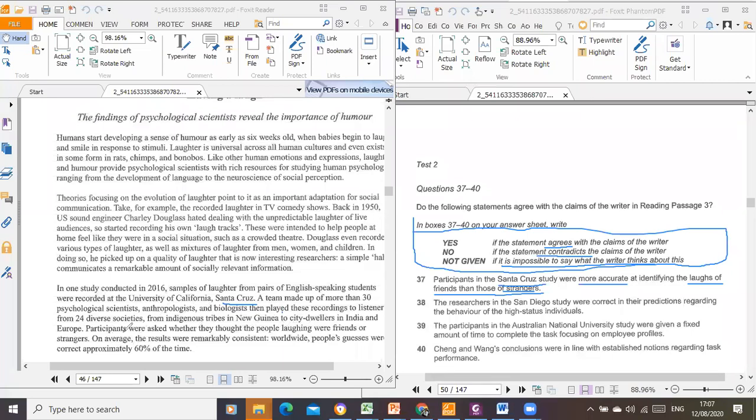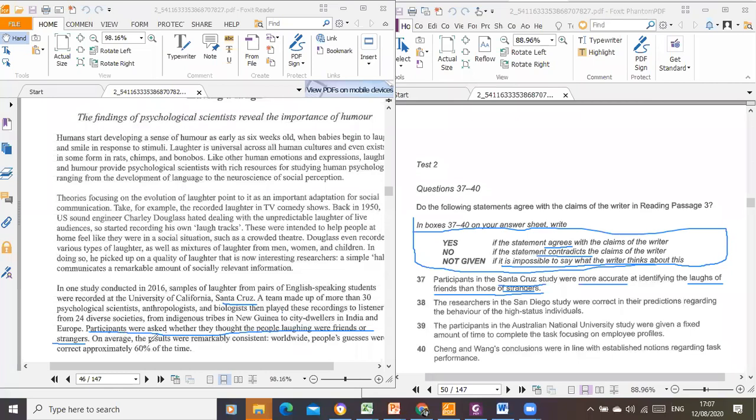Participants were asked whether they thought the people laughing were friends or strangers. This is where they mention friends or strangers, which is what you're looking for.